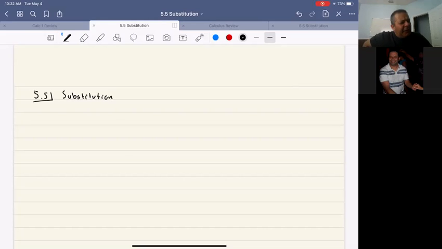Now, I don't think I can overemphasize how important substitution is just as a general problem-solving technique, okay? It really should be one of your main problem-solving techniques.